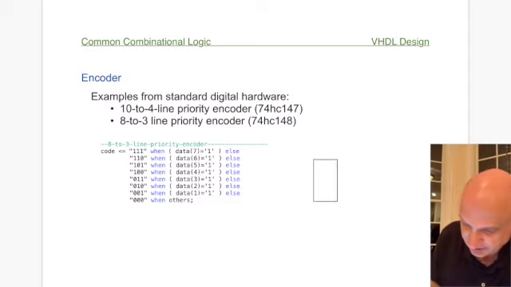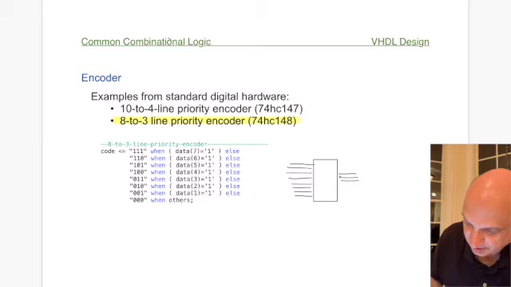And the idea is you might have 8 inputs here, especially if we're targeting, let's target an 8 to 3 line priority encoder here for our little example. And then if that's the case, then we're going to have 8 input lines. And then we're going to have 3 output lines.